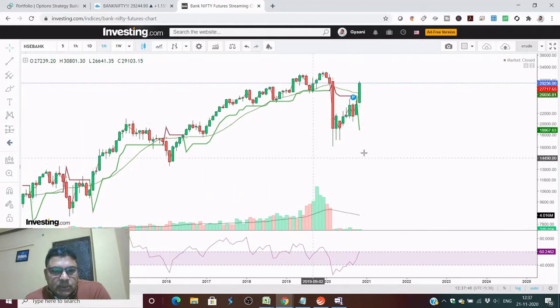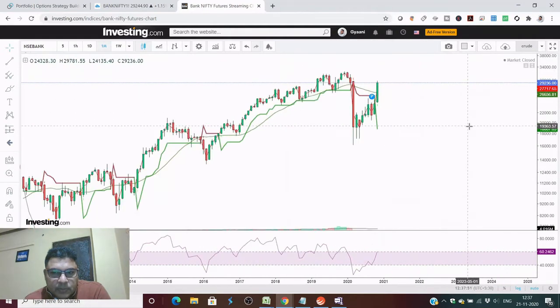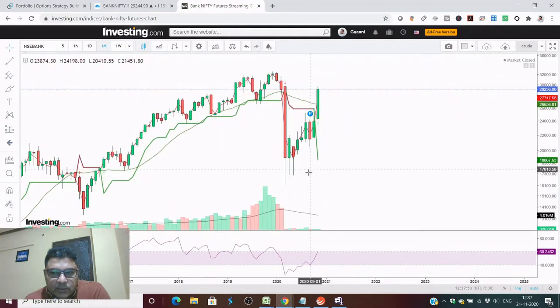So as you can see, this is the Bank Nifty chart. If you draw a line from here, the trend is up and the market has retraced from these levels.